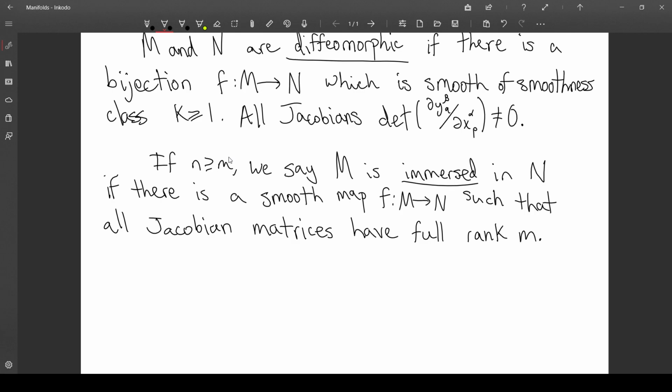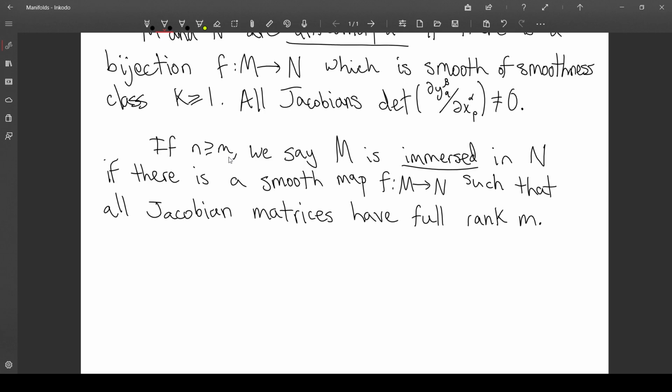And really this definition is kind of weird. Immersions are better understood when you can describe it in terms of the tangent space, which we're going to define later on. So I might as well say this here.